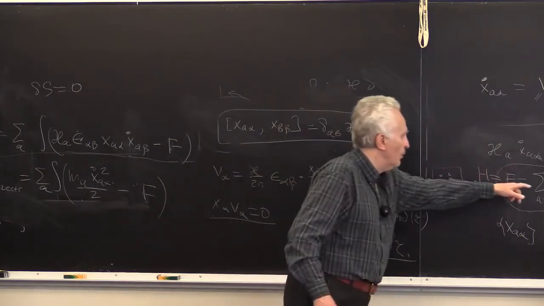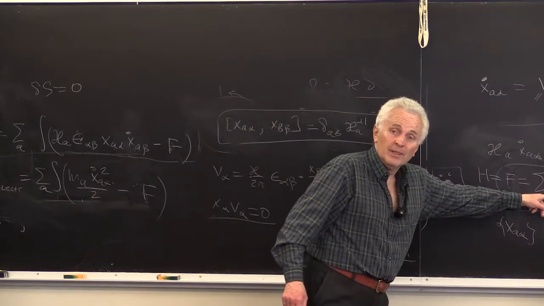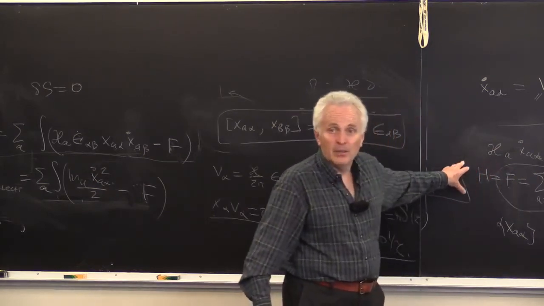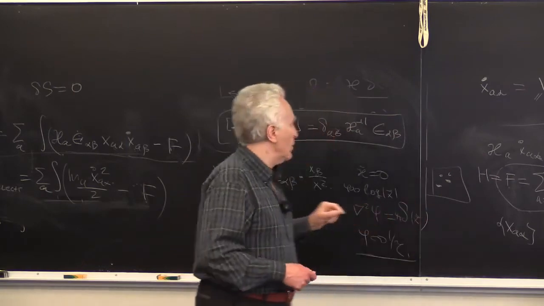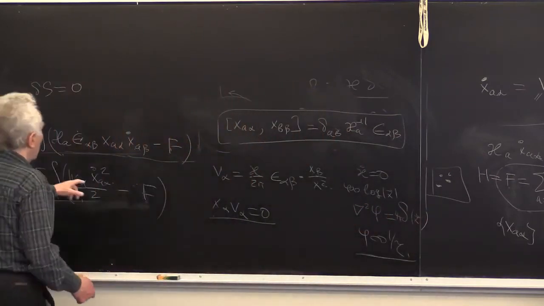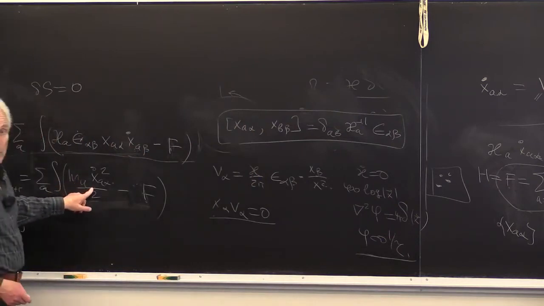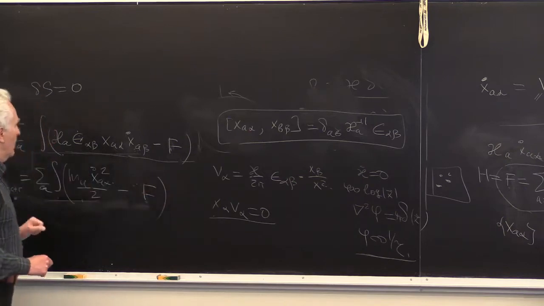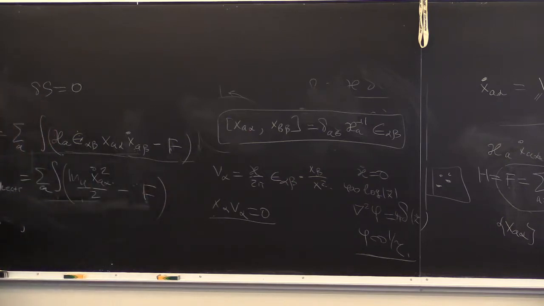So for vortices, this is the conserved quantity. When they move, this Hamiltonian remains constant. But for electric charges, potential energy changes. You have kinetic energy, so you have a difference between kinetic energy and potential energy. Okay? F is a potential energy.